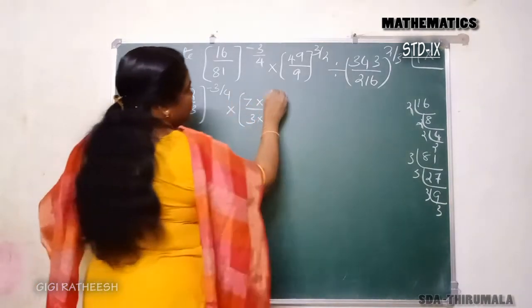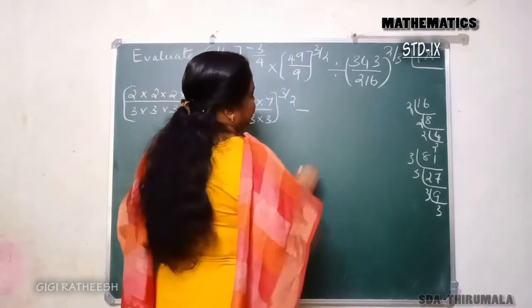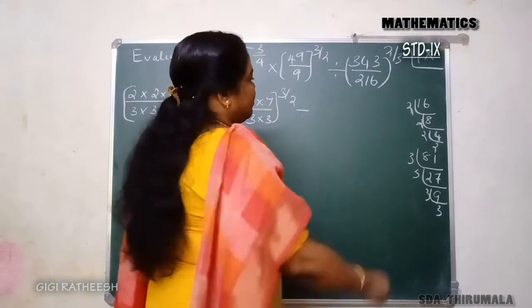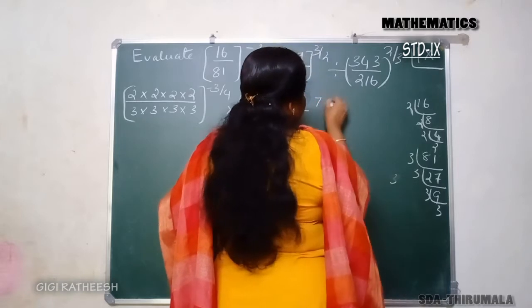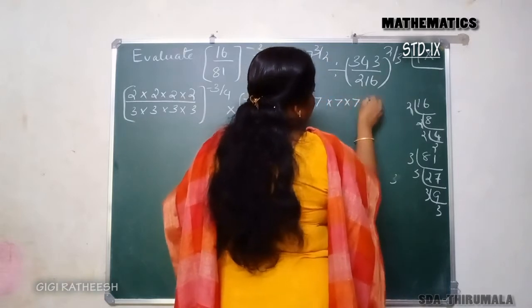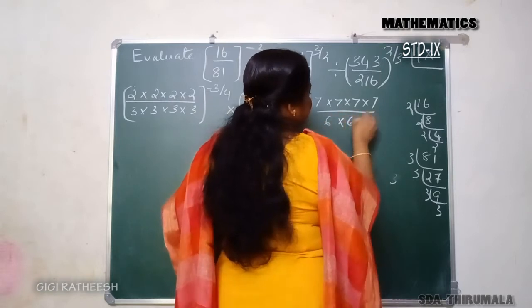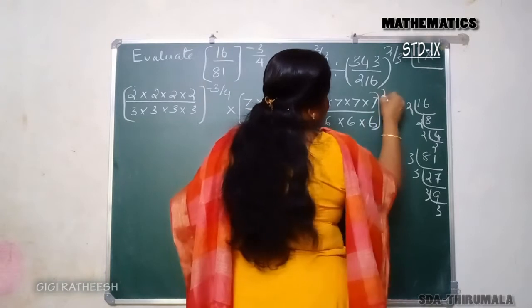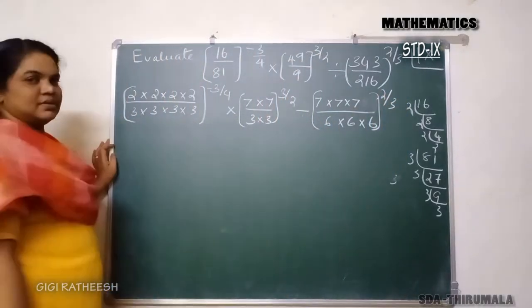Divided by 343. 343 is 7 into 7 into 7, divided by 6 into 6 into 6, which is 216, and we can write it as 7 by 6, the whole raised to the power 2 by 3.